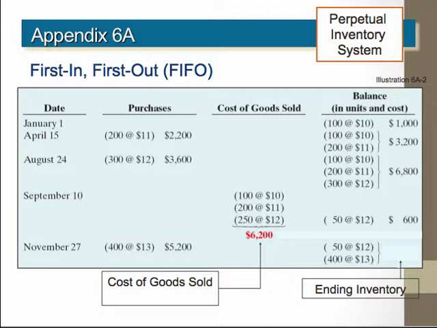The remaining 50 items would be at the most recent purchase of $12, so we would have cost of goods sold at September 10th of $6,200 and an ending inventory balance of $600. Then we take our last transaction of purchases and add that back in to see our cost of goods sold and our ending inventory balance at the end of the year.